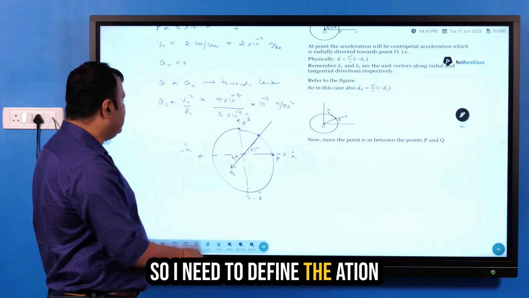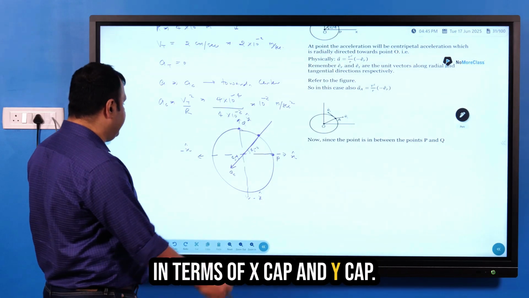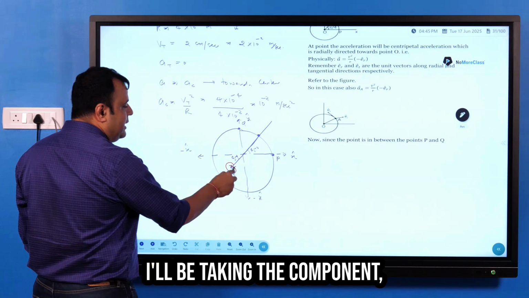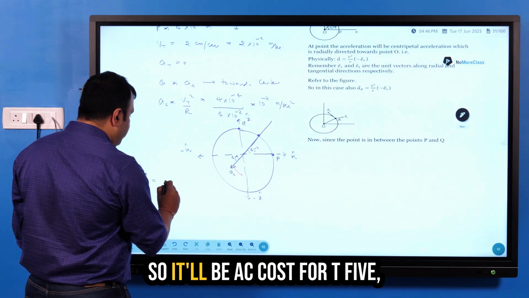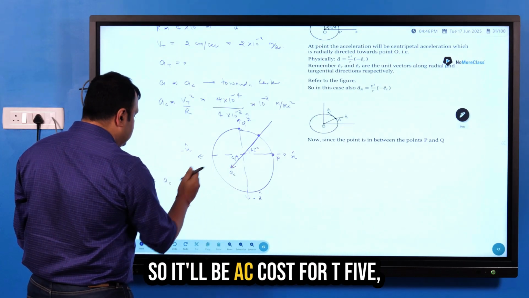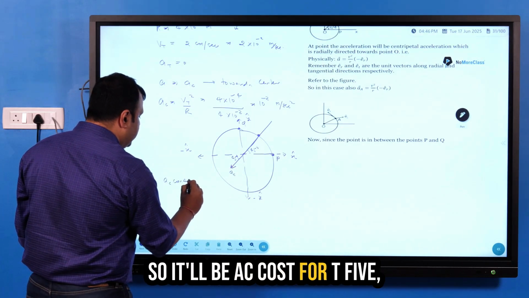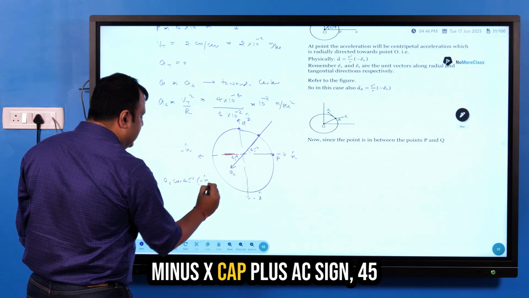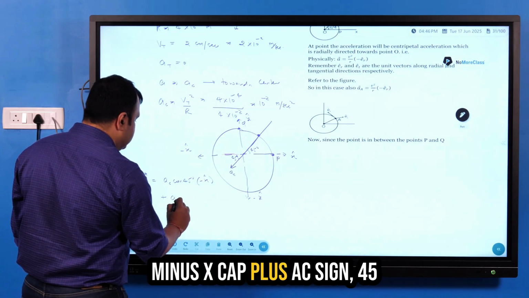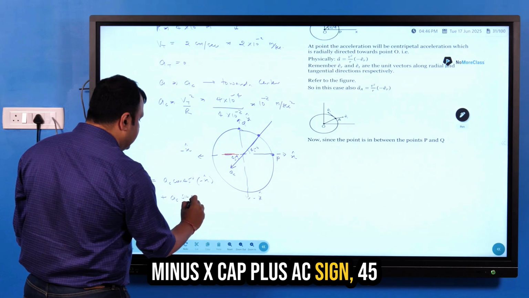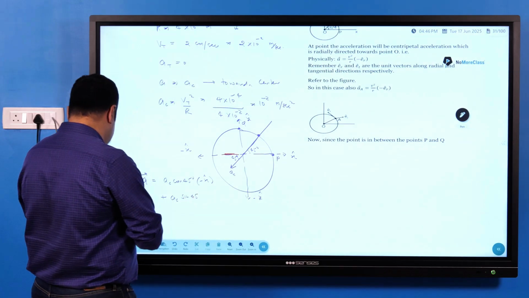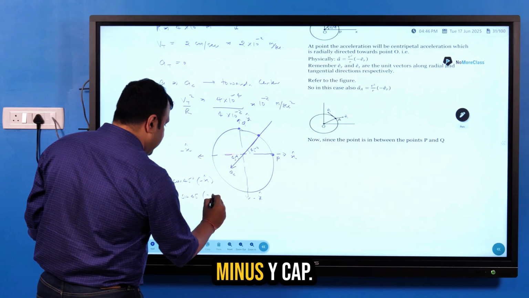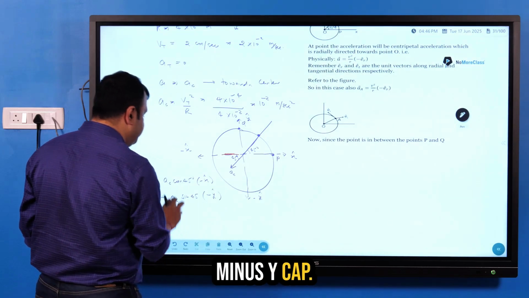So I need to define the acceleration in terms of x cap and y cap. So it's pretty simple. The acceleration will be equals to this acceleration. I'll be taking the component. So it will be AC cos 45 along this minus x cap plus AC sin 45 minus y cap.